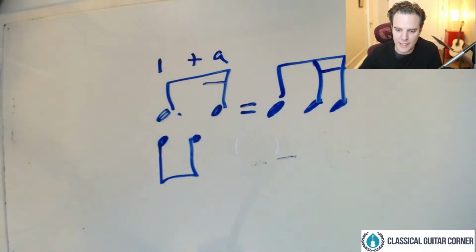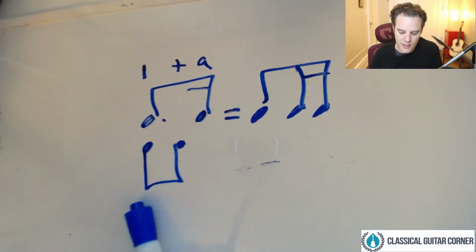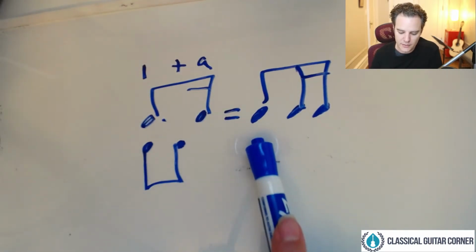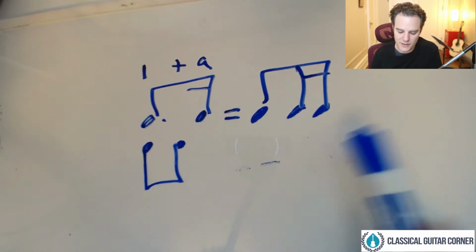This is sort of what I was getting at. I don't think I made it very explicit. So they're the same rhythm. It's just made more complex when they're on different strings. Da da da is the same as da da da.